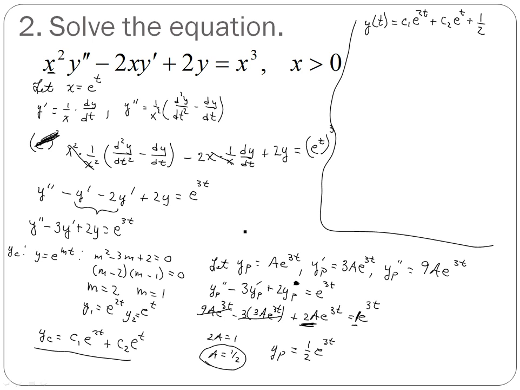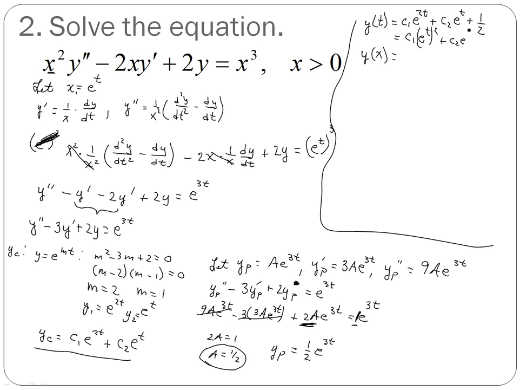I want to go back and get my answer in terms of x. And to get my answer in terms of x, we need to make this substitution back again. Wherever you have e to the t, replace it with x. So here, e to the 2t, you could write as e to the t squared.